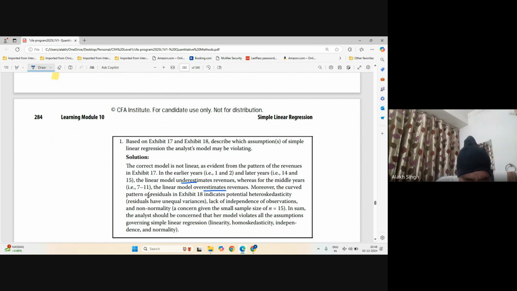Moreover, the curved pattern of residuals indicates potential heteroscedasticity and lack of independence of observations. Independence is also violated, and so is normality. Here n is equal to 15, so non-normality is visible. So all four are violated.